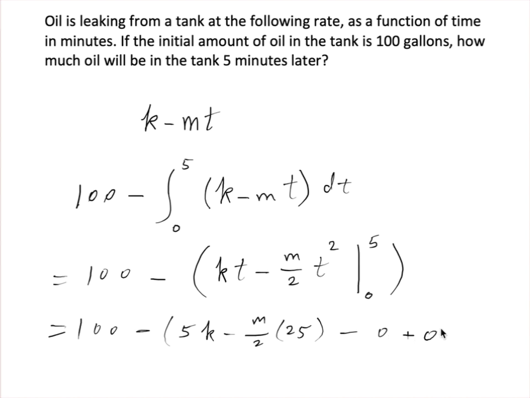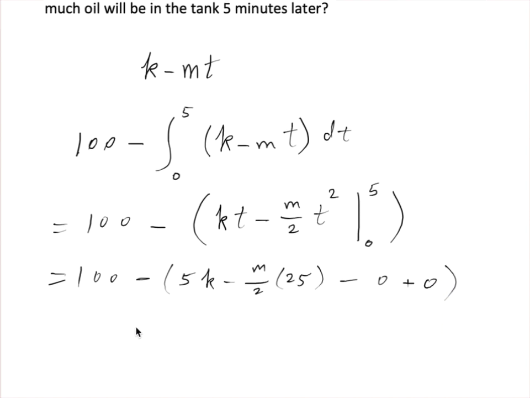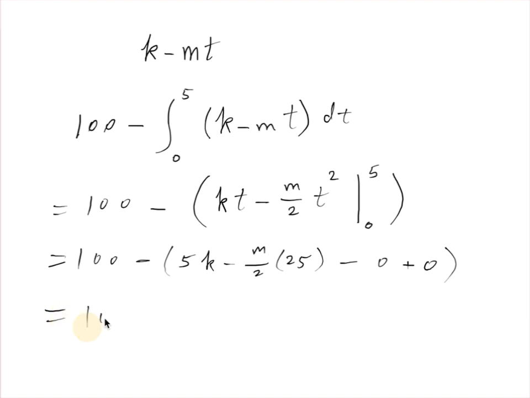We don't need to write that. And then simplify, and you get 100 minus 5k minus 25m over 2.